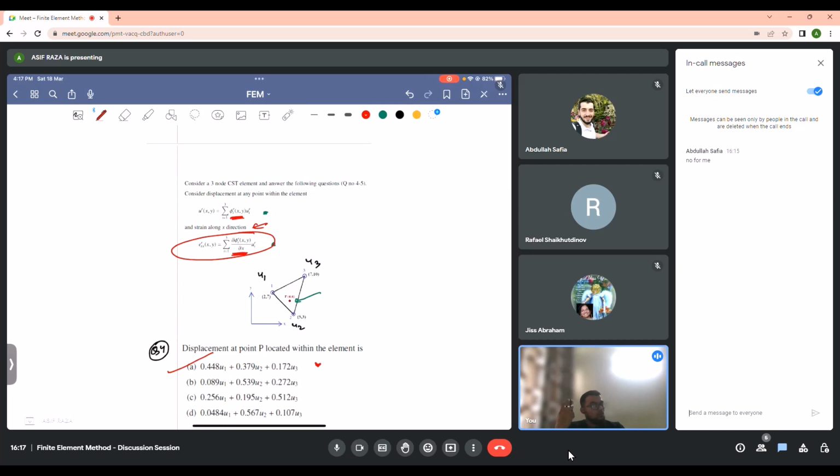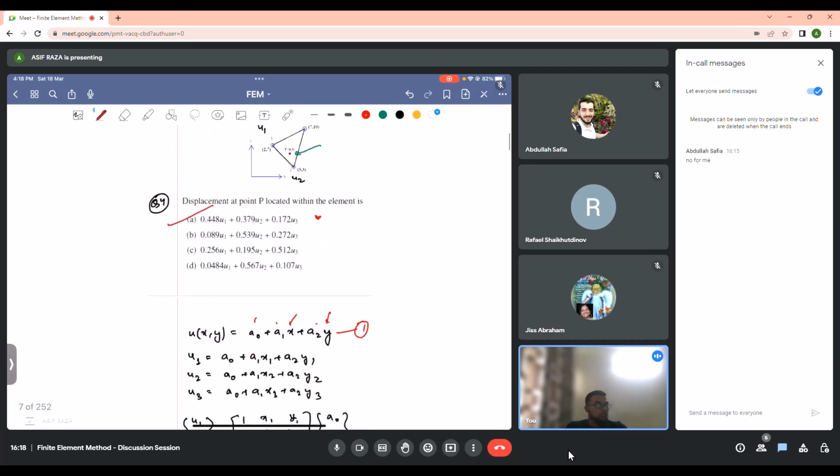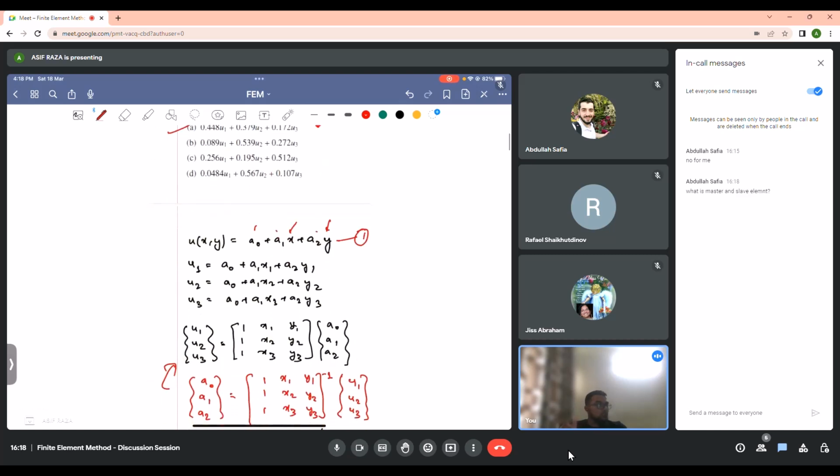So if you solve this using master elements, then it's your call. If that makes more simplification for you, that makes it easier for you, then go for it. Nobody will stop you. There is a thing, Jacobian thing.